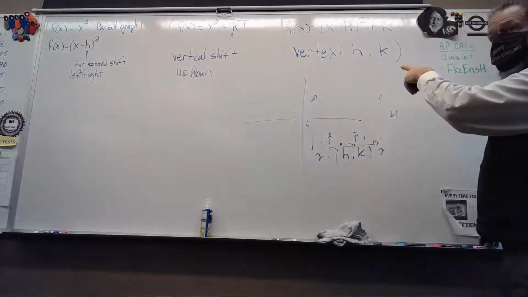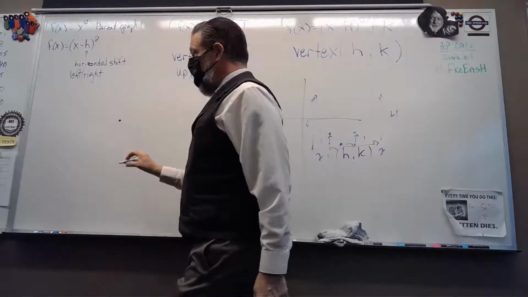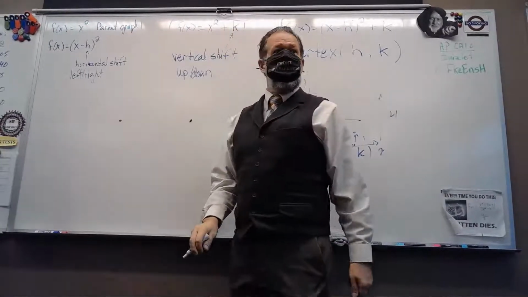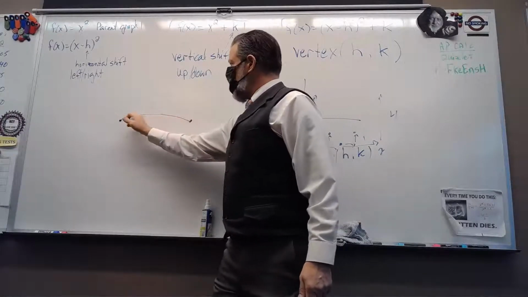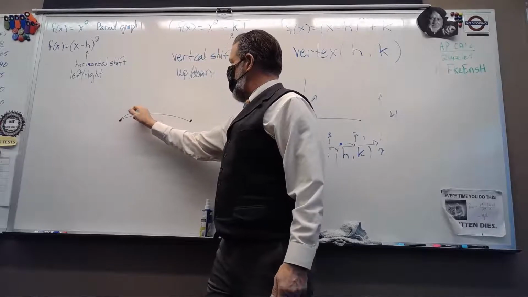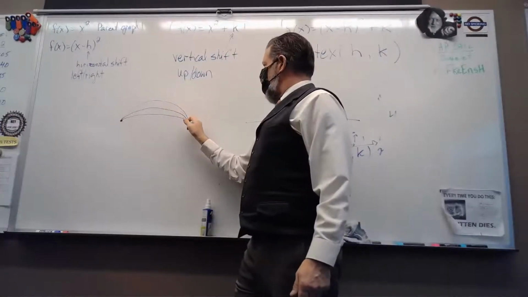With our equation? I threw the ball 3 times. Here's my throw. Here's Jared's catch. And the first time it went like this. And the second time it went like that. And the third time it went like that.